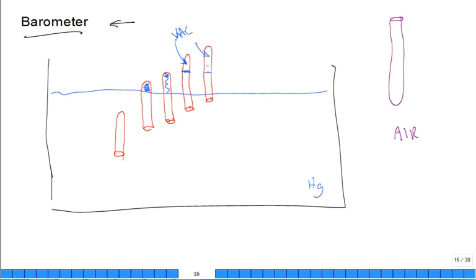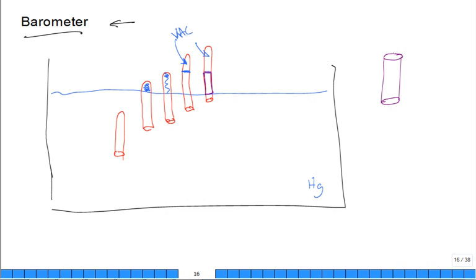So we take a little chunk of this and pull it to the side. We're going to grab this little section right here and pull it to the side. It's like a little cylinder of fluid, and we're going to do an FBD, a free body diagram, on this.